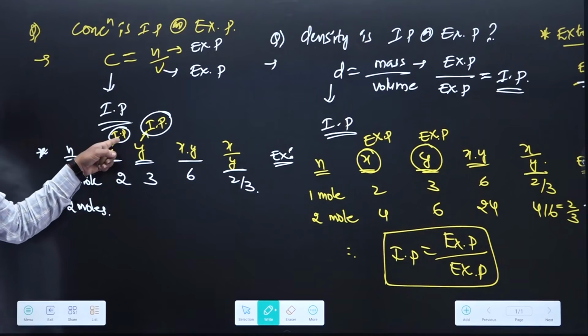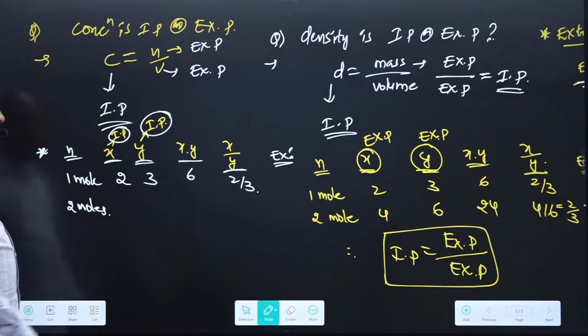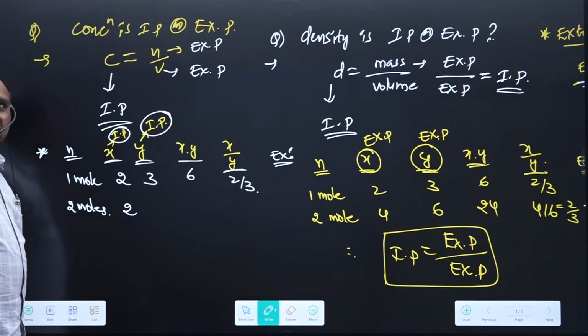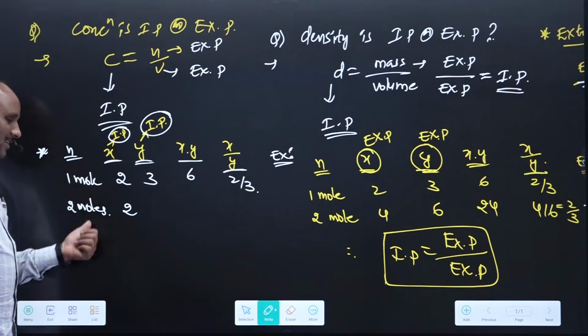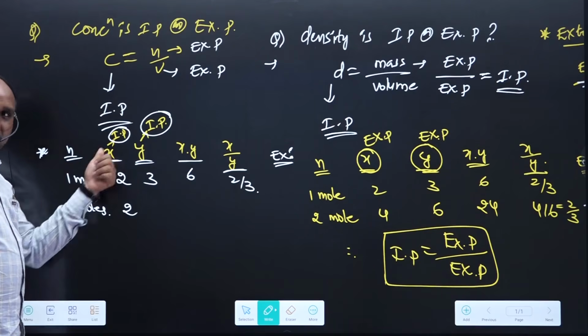X is what? Intensive. Does intensive depend on weight or is it independent? Independent. Whatever the number of moles, that value is always 2 only. If it were dependent, as the moles change, this value would also change. But this is independent only.